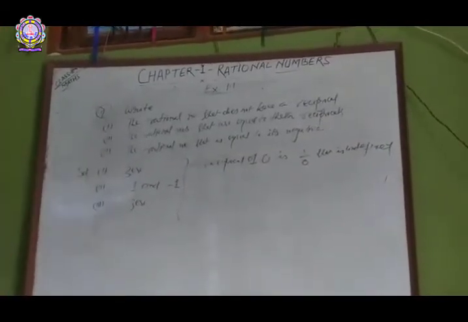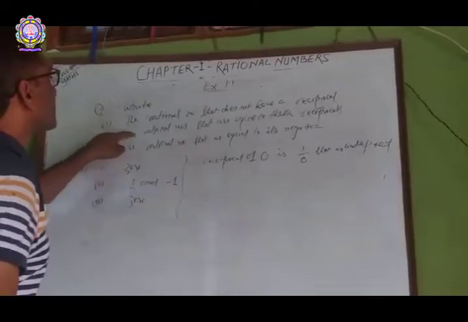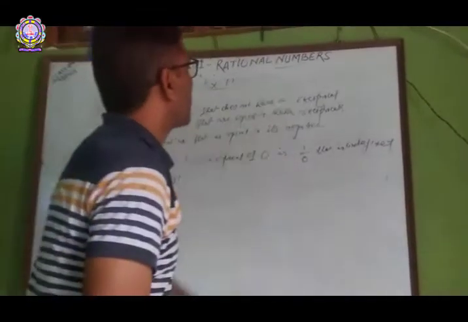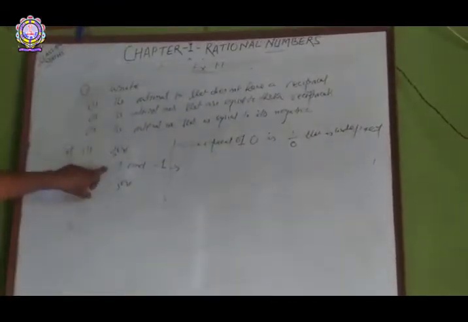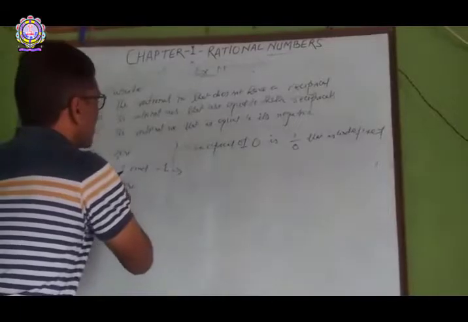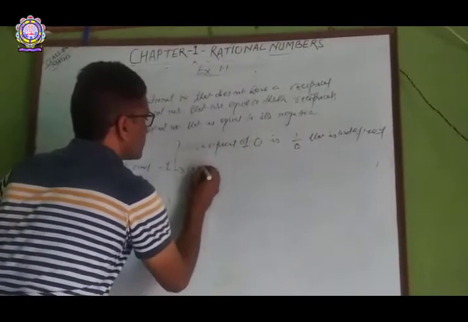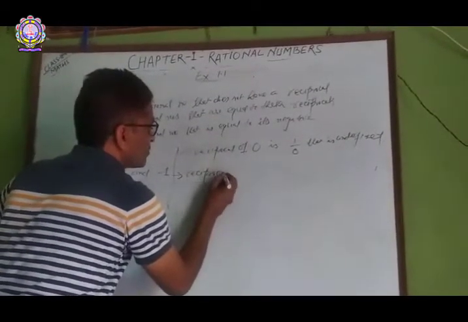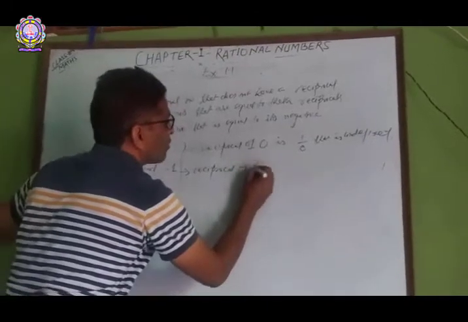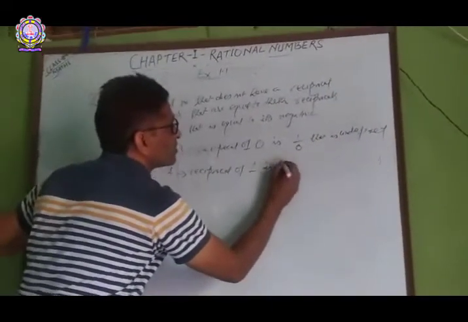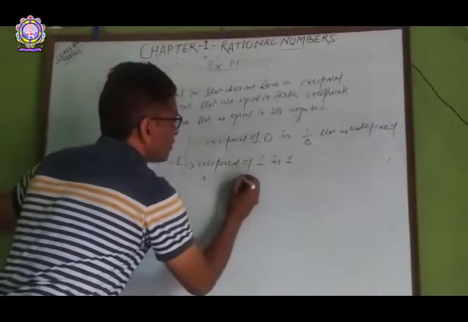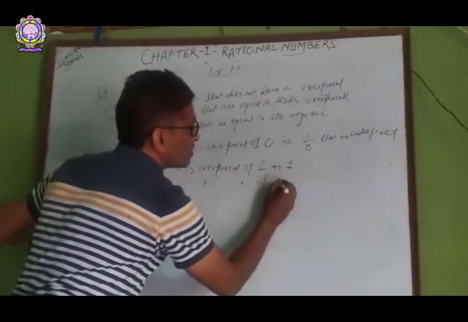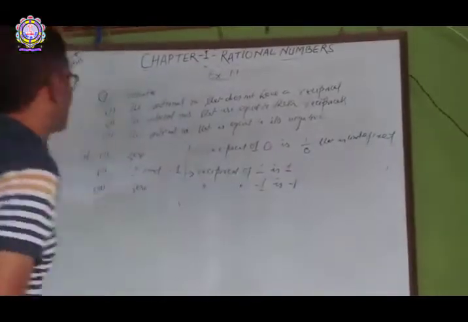Now come to question number second, the rational numbers that are equal to their reciprocals. We can see here, the reciprocal of 1 is 1 and the reciprocal of -1 is -1.